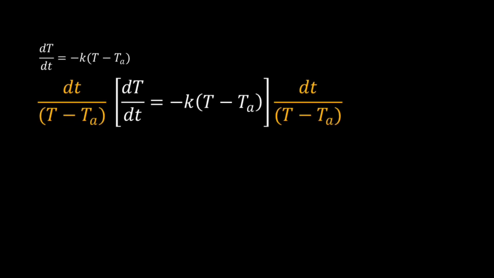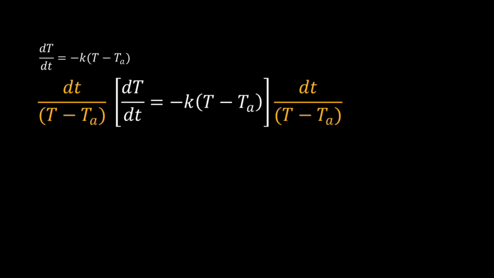This is a separable differential equation. So we just have to algebraically manipulate this so all my capital T's and dT's are on one side, capital T for temperature, lowercase t for time. And then I'm going to have all my time differentials and time variables on the other side. So one thing I could do is divide both sides by T minus T sub a.